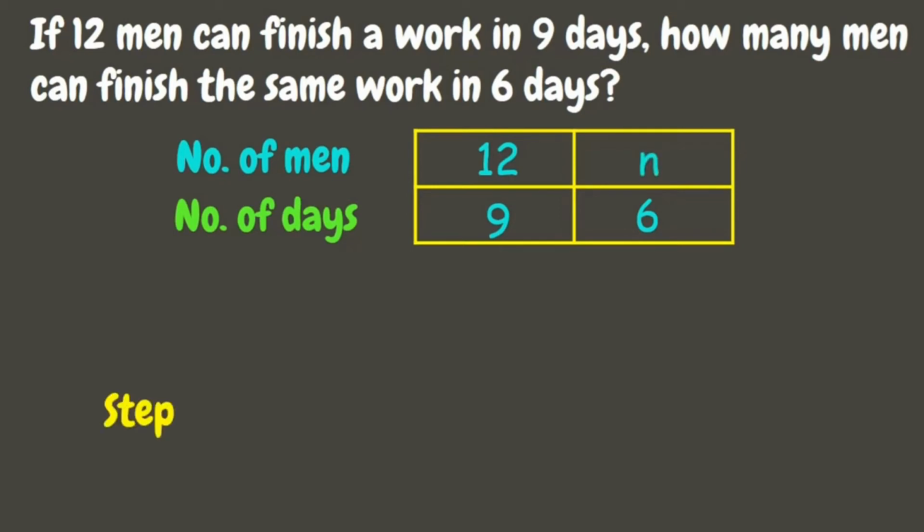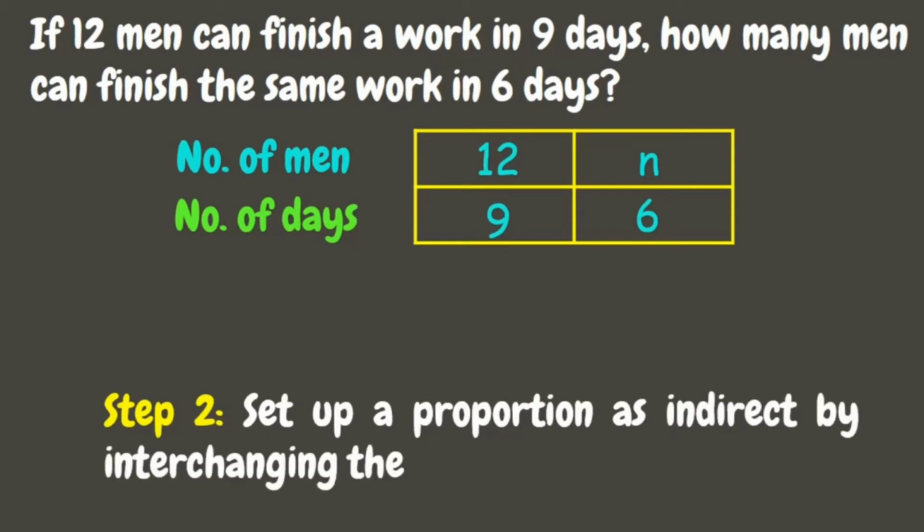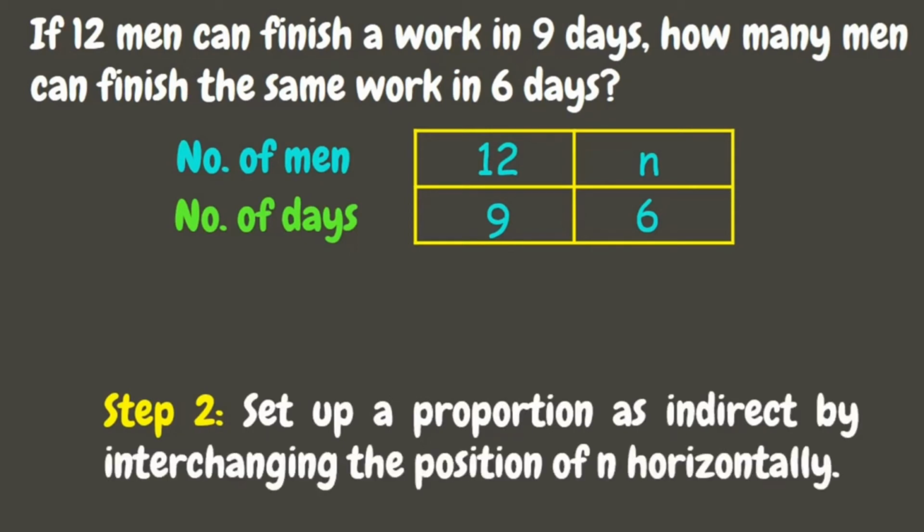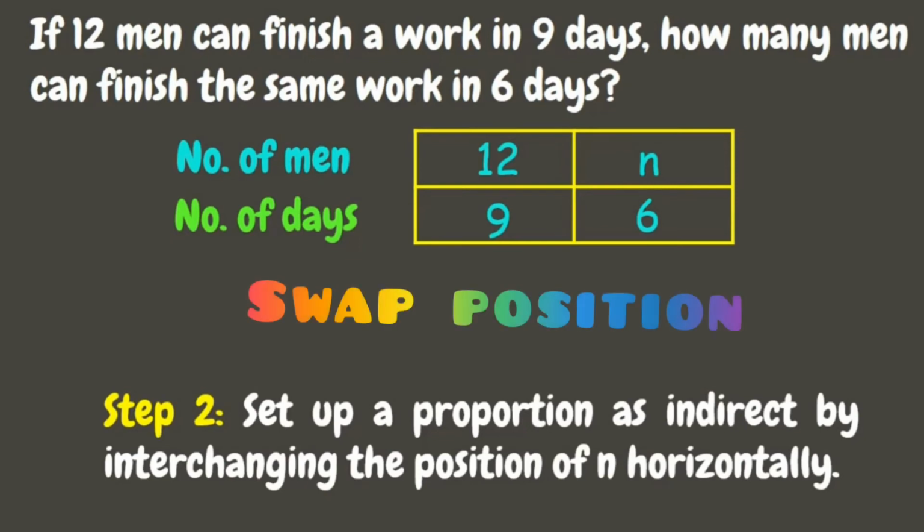However, we are going to swap the position of the number 12 and the letter n. We are swapping the position because this is inverse proportion. We don't do this in direct proportion.